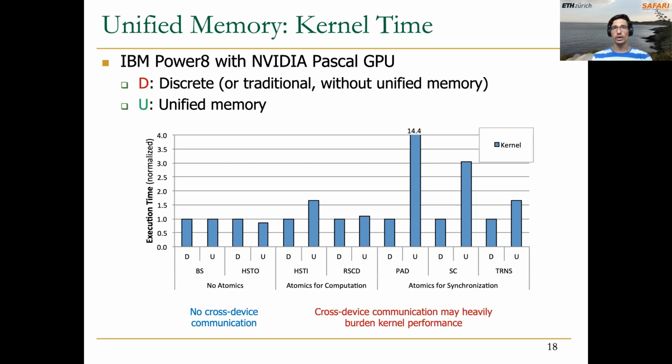Other workloads, which we will talk about in detail later, use atomic operations, what we call cross-device or system-wide atomic operations, that allow direct communication and synchronization between the CPU side and the GPU side. This cross-device communication may heavily burden the kernel performance, as you can see; in some cases the slowdown is pretty significant.